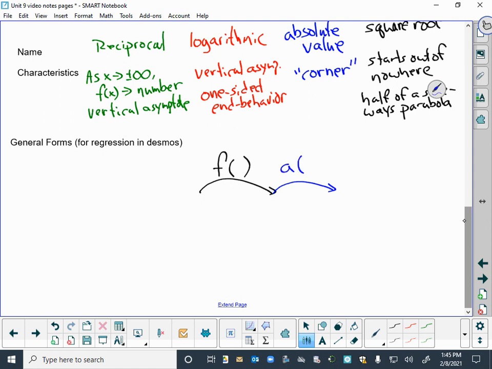So maybe I'll say, let me multiply by a, and then possibly a vertical shift. I'm going to make that a plus k. There could be a horizontal stretch or compression. I'll do that as a times b. And there could be some kind of horizontal shift. I'll do that as a plus h.